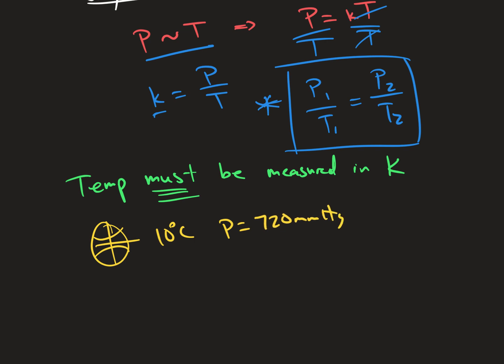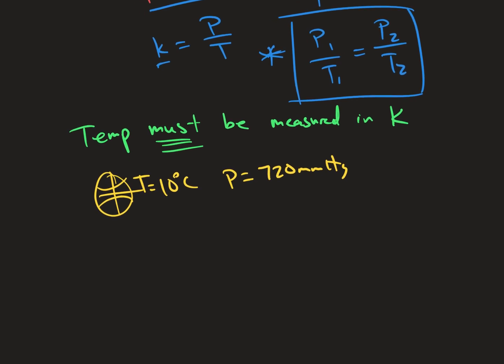So this is our temperature 1. The next day, after sitting in the sun, we go to our new temperature, which is 34 degrees Celsius. We want to know what the pressure of the basketball is. So this is going to be our temperature 1, pressure 1, temperature 2, pressure 2. You follow?